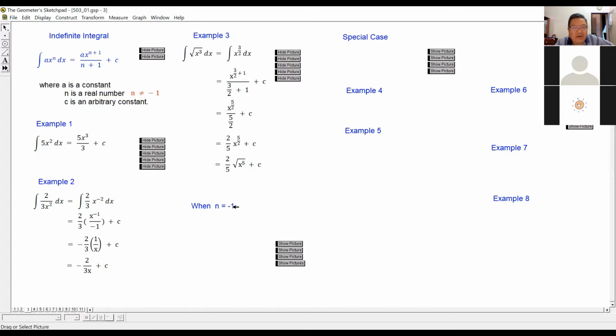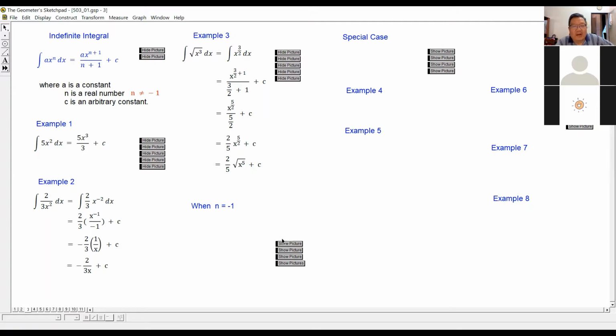And they are not going to ask you in the exam to integrate n equals -1. Why? Because you take n equal to -1, you must add 1 there. -1 plus 1 is what? 0. So the new index is 0, and you have to divide by 0. When you divide by 0, it is undefined.